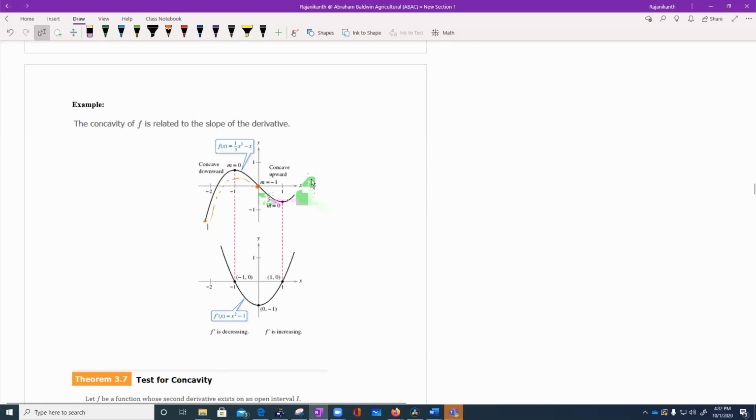From here all the way up to this point, the function is facing up, concave upward, right? So what does that mean? If you find the slope, the first derivative, for this function from here to here, it should always be negative, decreasing, right?